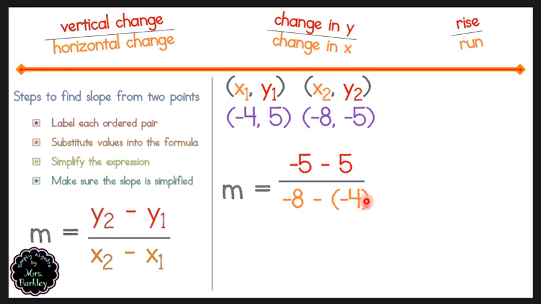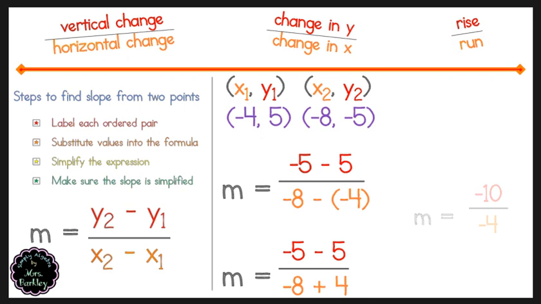So we can simplify the denominator as -8 minus -4. The opposite of -4 is the same as adding that opposite, which would be +4. And so -5 minus 5 is -10, and -8 plus 4 is -4. We can then simplify -10 divided by -4 as a slope of +5/2.